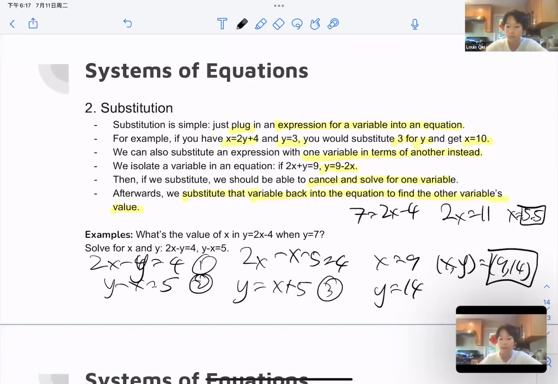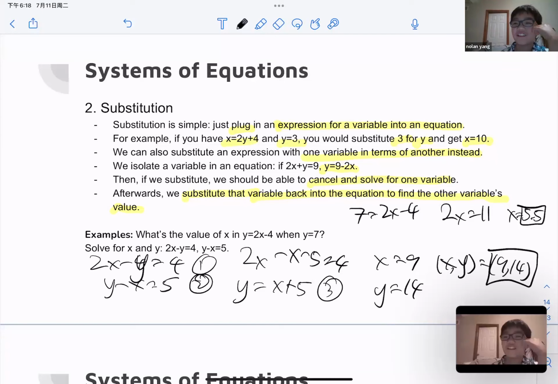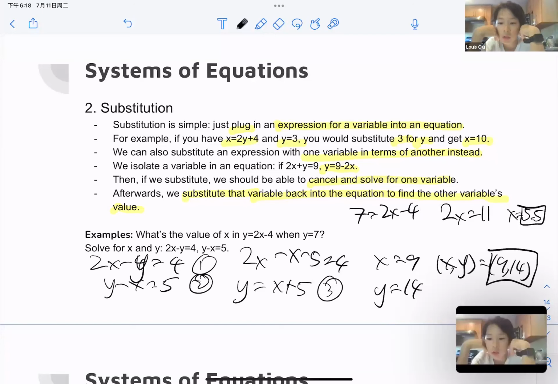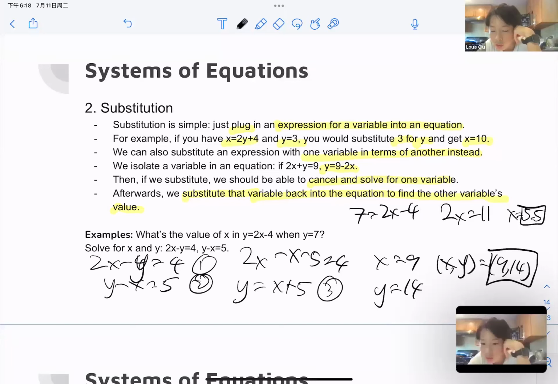Questions? Yes, Nolan? I thought you said it was incorrect. Huh? Like, I gave you an answer and you were like incorrect. Where? I put 11 over 2.